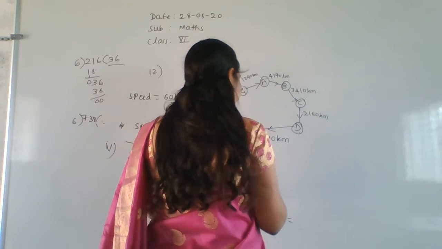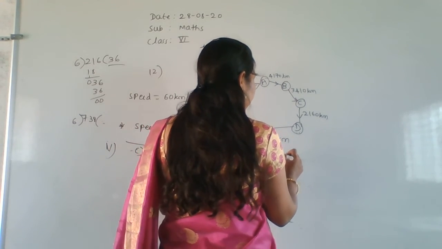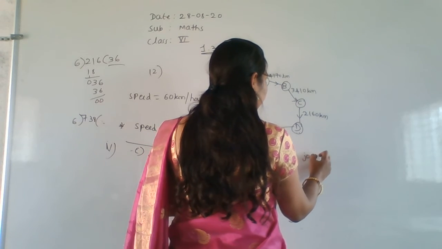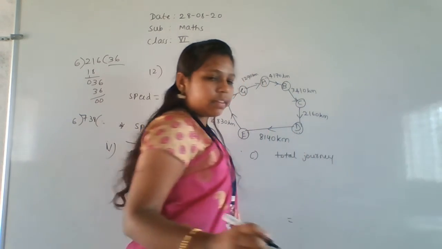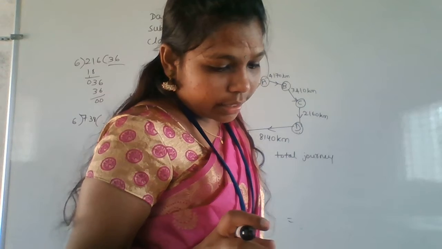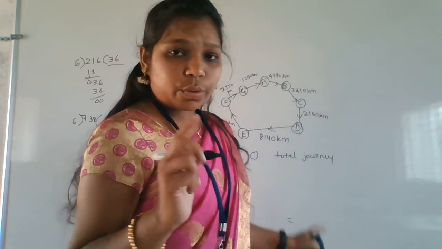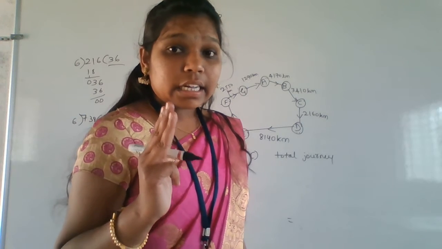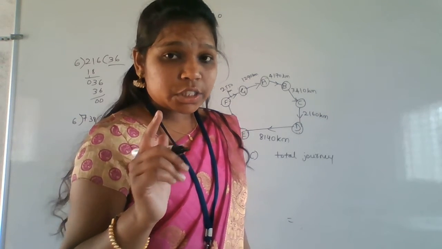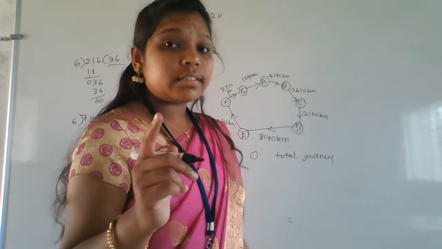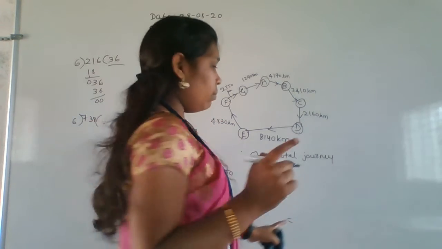Okay, so next, sheet one, total journey. Total journey is nothing but from A to A. Whatever the answer is there, no? So that is the third one. In the 12th question only, the third one they gave, right? The third one, you already found the total journey distance. That distance you write here. Okay.